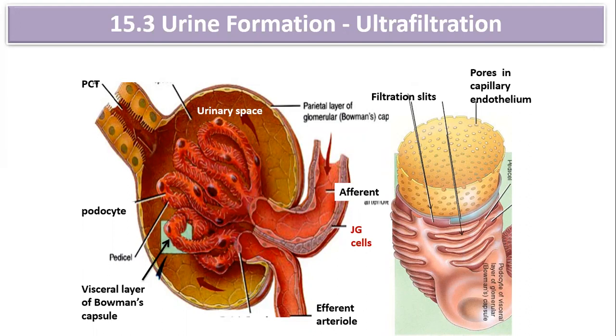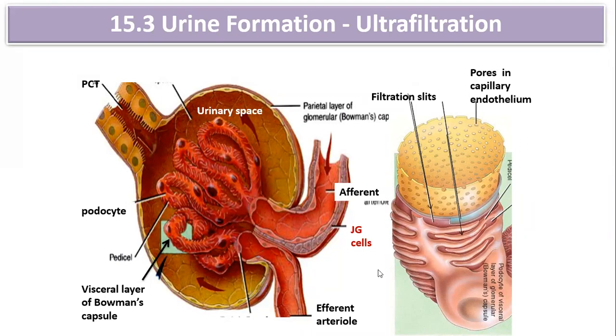It is also known as deproteinized plasma because it has the same composition as the plasma of the blood, except some cells, that is RBC, WBC, and platelets, are not there. The rest of the things are the same as plasma. The glomerular filtrate does not have protein, so it is called deproteinized plasma.